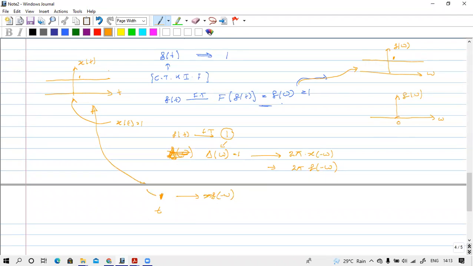If you take the time reversal, minus omega, there is no difference, so you get the same signal. So 2π delta(minus omega) is equal to 2π delta(omega). So you can see that for 1, the Fourier transform is 2π delta(omega). This is the answer.